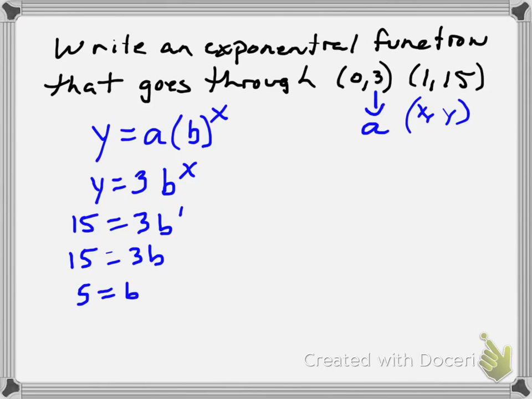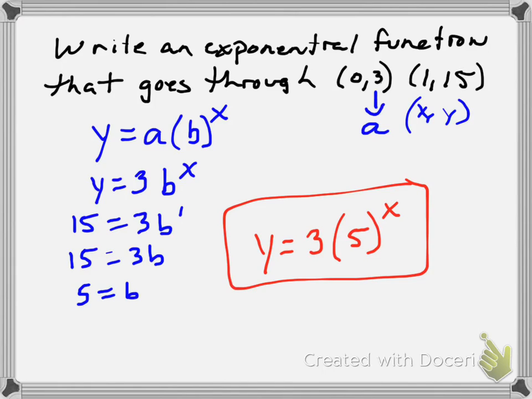So a is 3, b is 5. So my equation is y equals 3 times 5 to the x. That's how it works.